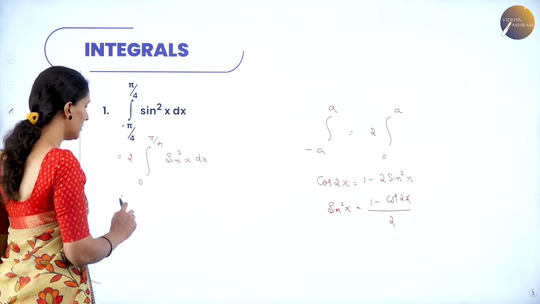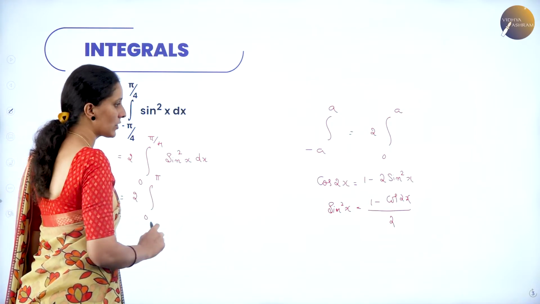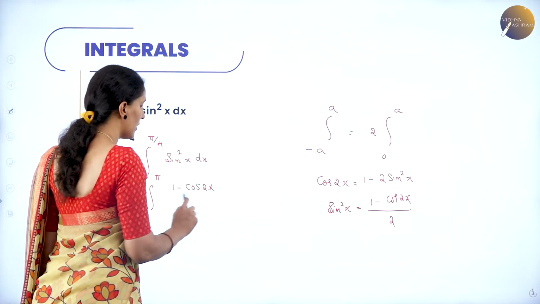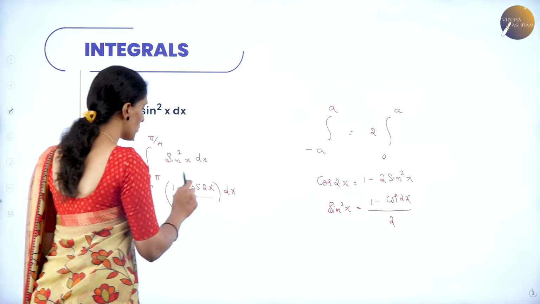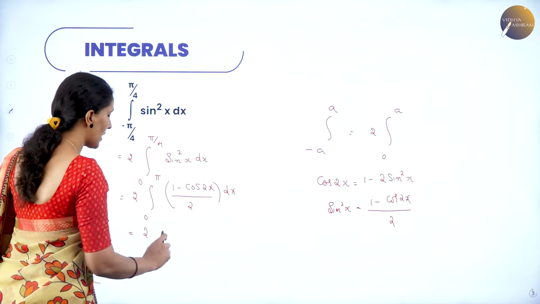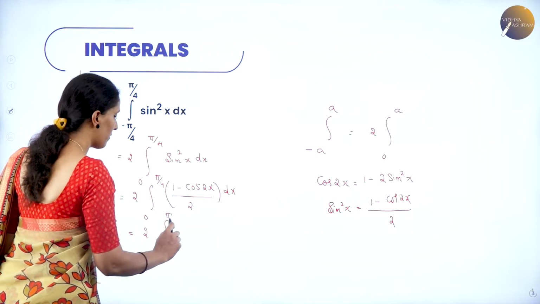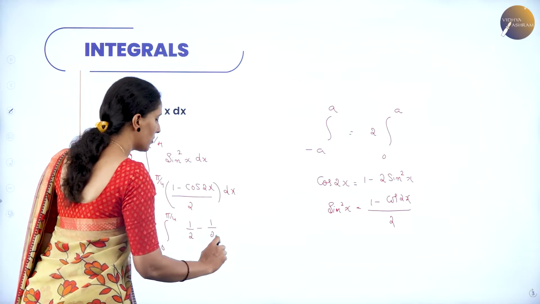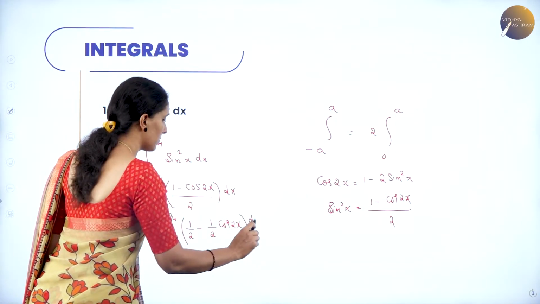So here 2 times integral 0 to pi by 4 of sine square x can be written as 1 minus cos 2x divided by 2 into dx. So this becomes 1 by 2 minus 1 by 2 cos 2x dx.